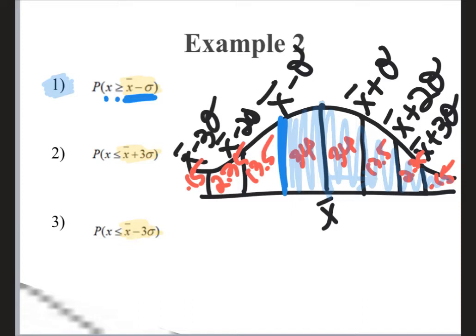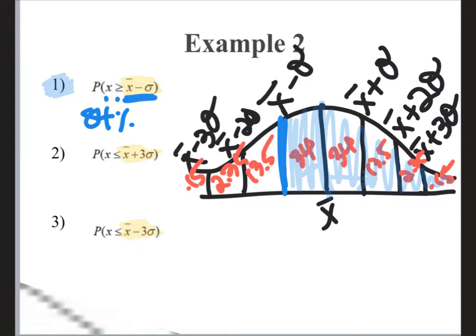So instead of doing all the work and adding up all those numbers together, you could just say, okay, well, half of it is already highlighted, which was from the mean to the right. So you could say 50 plus 34. So 50 plus 34 is 84. So therefore, 84% of your data is your answer for number 1.